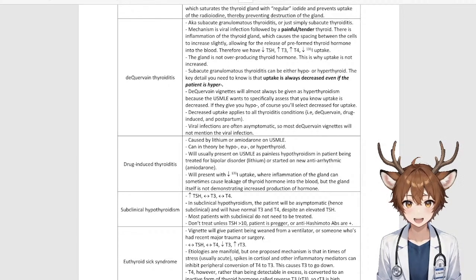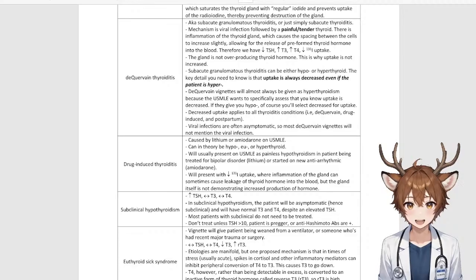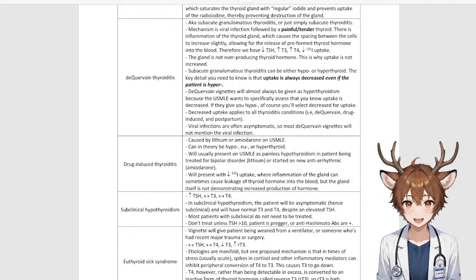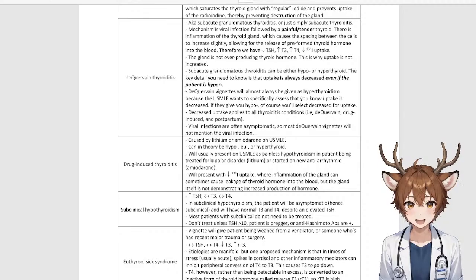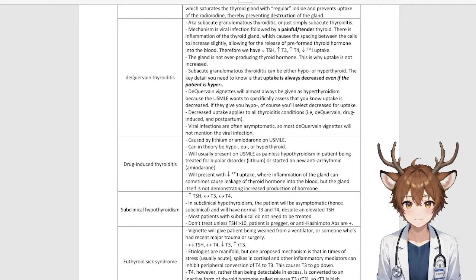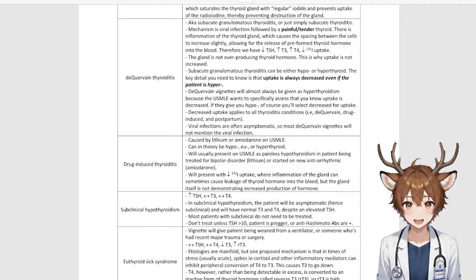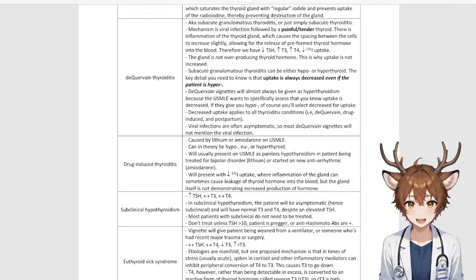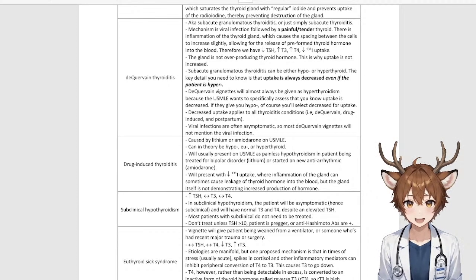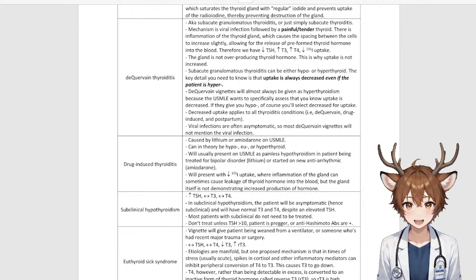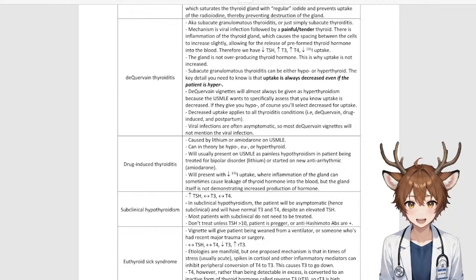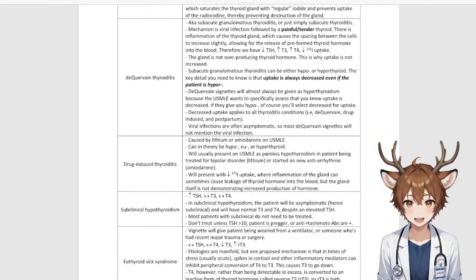Subacute granulomatous thyroiditis can be either hypo or hyperthyroid. The key detail you need to know is that uptake is always decreased if the patient is hyperthyroid. De Quervain's vignettes will almost always be given as hyperthyroidism because USMLE wants to specifically assess that uptake is decreased.